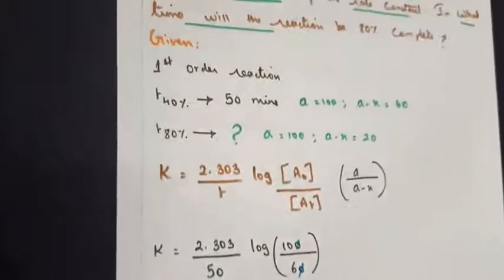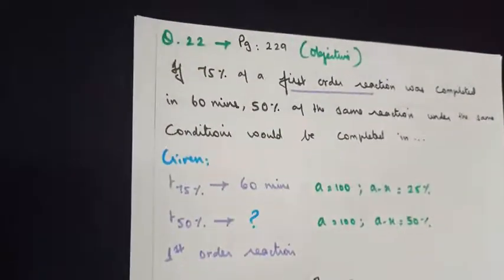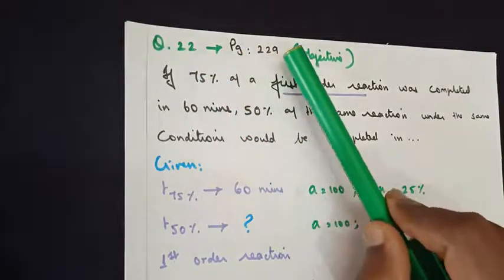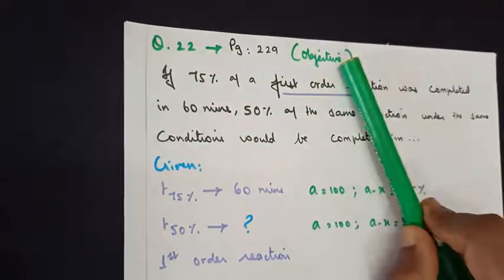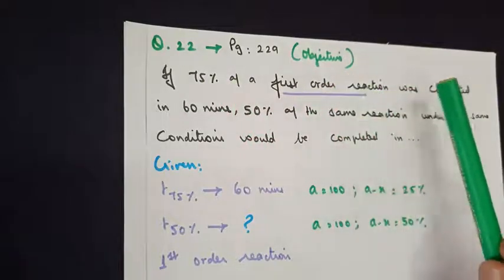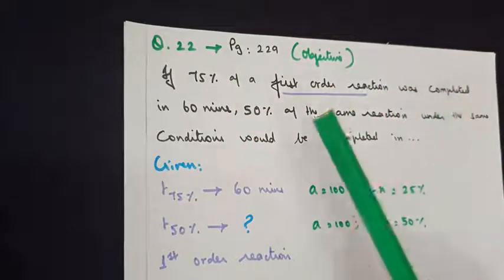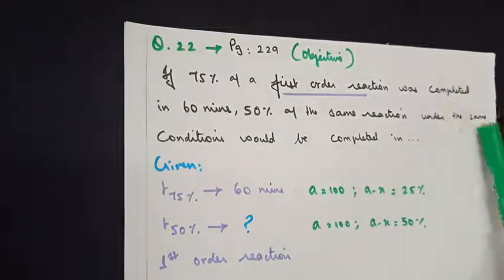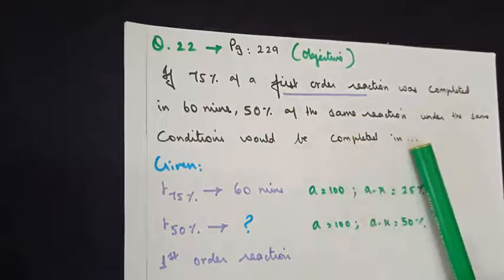Based on the same concept, you are given another question. Question number 22 taken from page 229. It's an objective type of question. If 75% of a first order reaction was completed in 60 minutes, 50% of the reaction under the same conditions would be completed in.